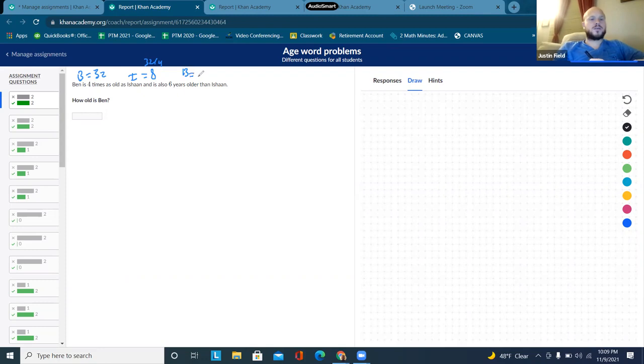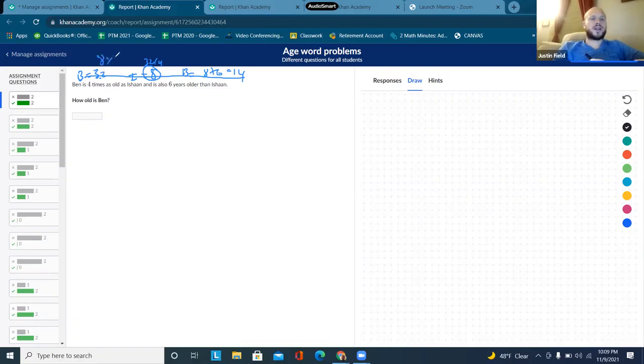So that would mean, you know, add the 8 plus 6, right? That's 14. Okay, so Ben, we said he's 32, but that would make him 14. So we know that's not right. But anyway, we can see that we have to multiply Ishan's age by 4 in order to get Ben's age, right?